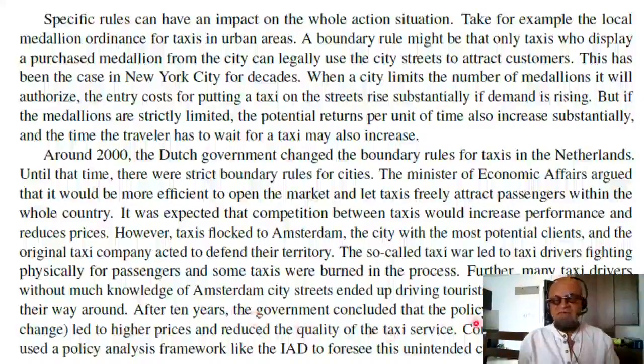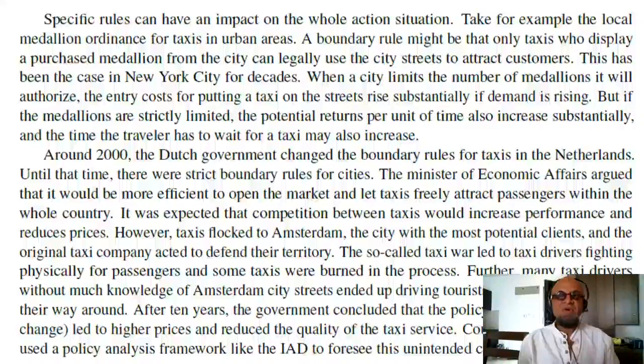After 10 years, the government concluded that the policy change, the boundary rule change, essentially led to higher prices and reduced the quality of taxi service. Could the government have used a policy analysis framework like the institutional analysis and development to foresee this unintended consequence?